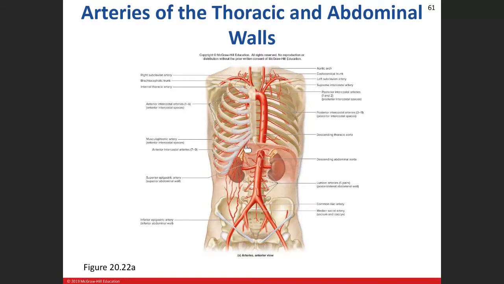And then as we go further down, the last branch that the internal thoracic artery gives off is your superior epigastric artery. And that's pretty much going to supply the abdominal wall, pretty much everything above the belly button, right in through here. Okay? That's going to anastomose with the inferior epigastric artery, which is a branch off of the external iliac artery. We'll talk about that in a second.